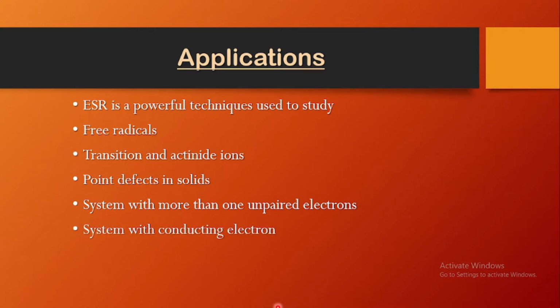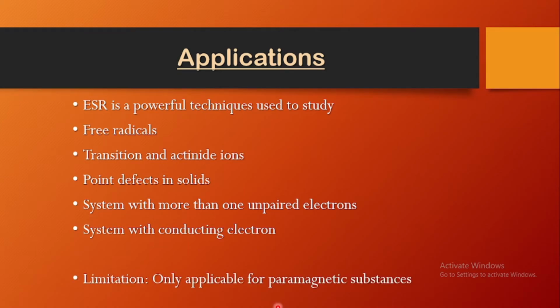Another important thing is we can study systems with conducting electrons, like semiconductors and metals. So mainly these are the applications where ESR works as a powerful tool in studying different properties in different types of materials which have unpaired electrons.